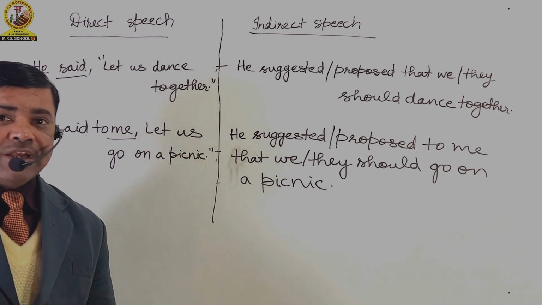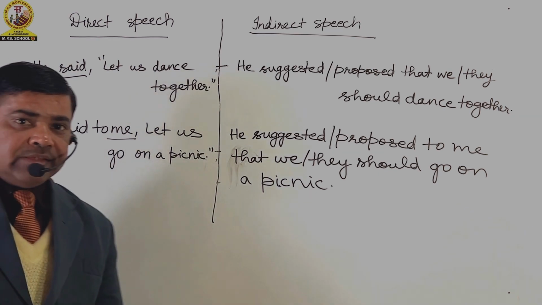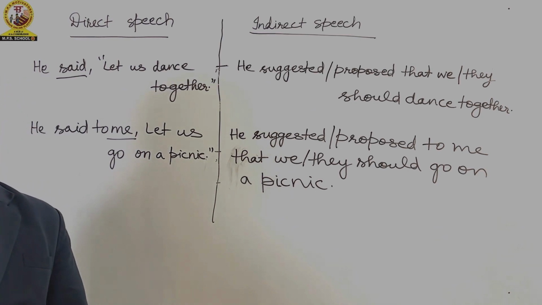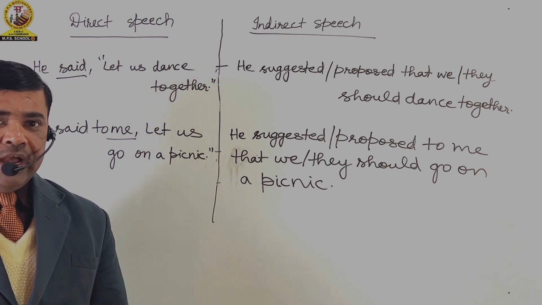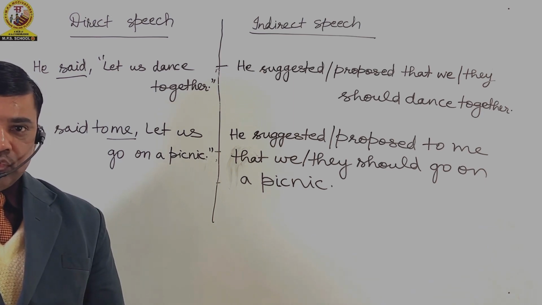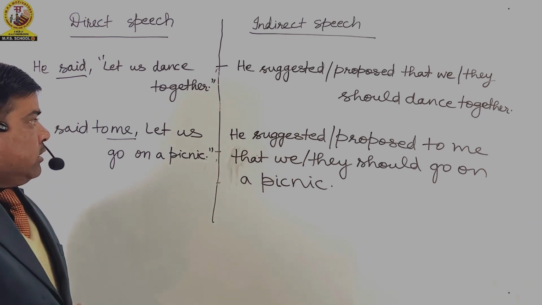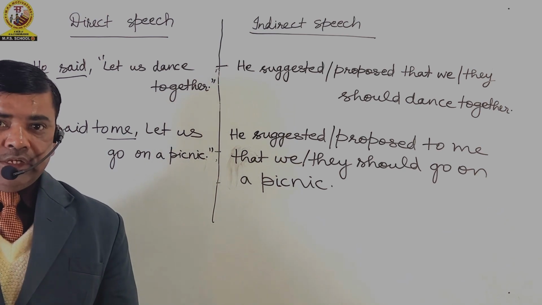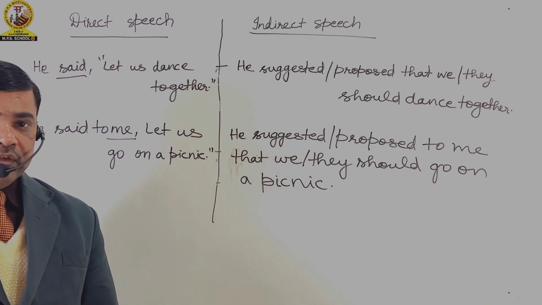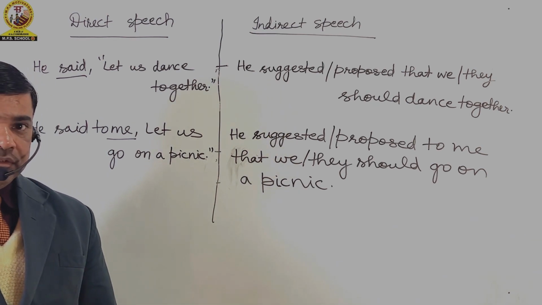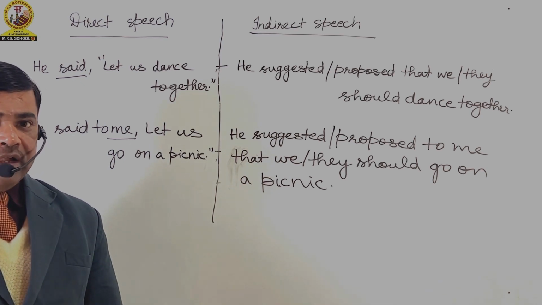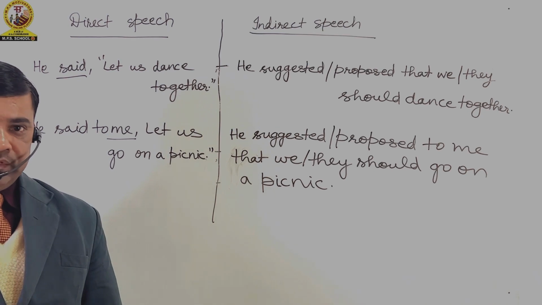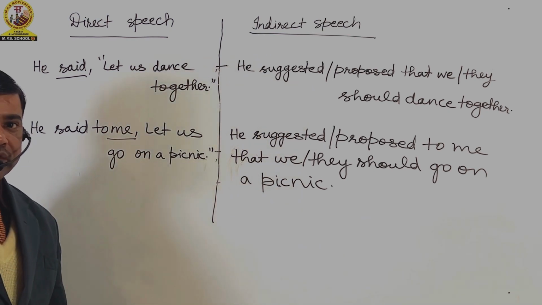It is necessary to use. In previous sessions, I discussed with you that said is changed into told and with told we don't use to, but when we change said into suggested or proposed, we use to after it. So there is this difference between told and suggested or proposed. Now you can take its screenshot.